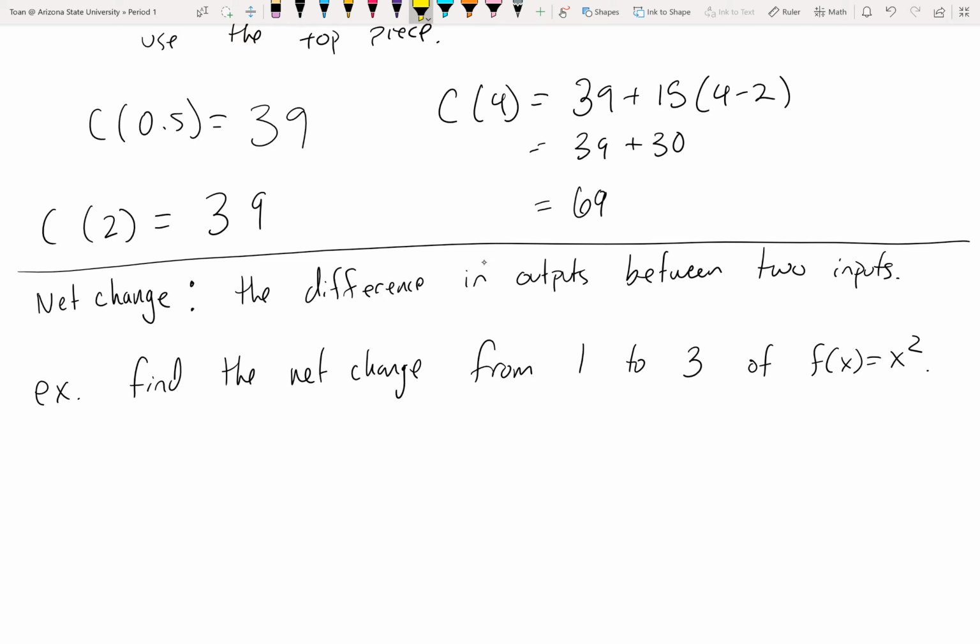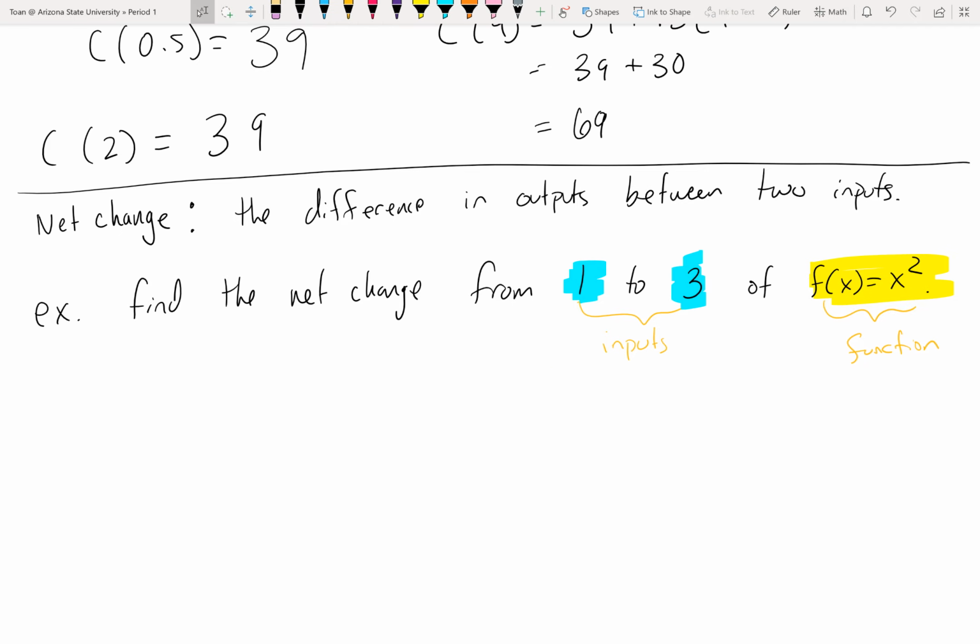So in this example, notice they give me a function and they ask me to find the net change between these two values here. So these guys here are your inputs. And this right here is your function. No duh, because it's f of x. So by definition, net change is the difference, subtraction, of your outputs, of your y values. They didn't give me my output, so I got to find it. So before I can answer this question, we got to find the outputs at 1 and at 3.